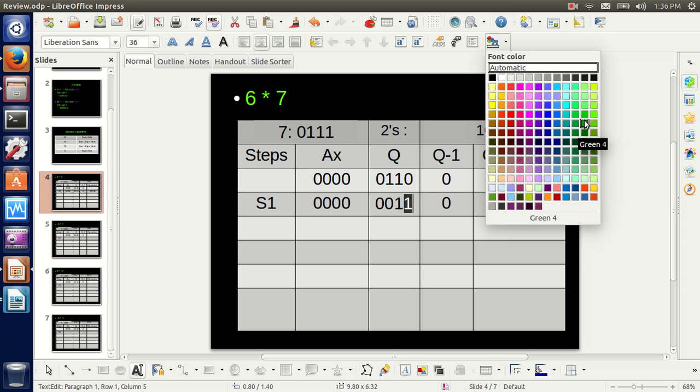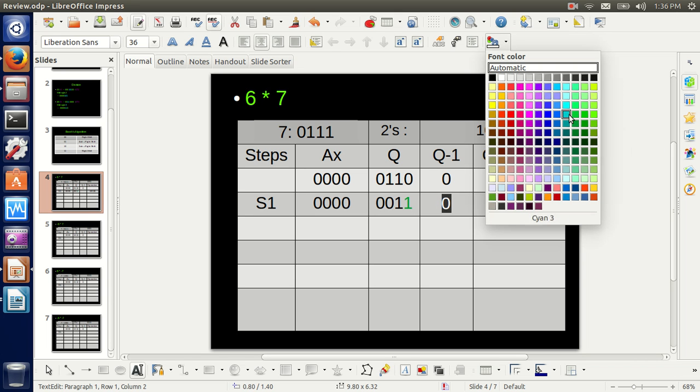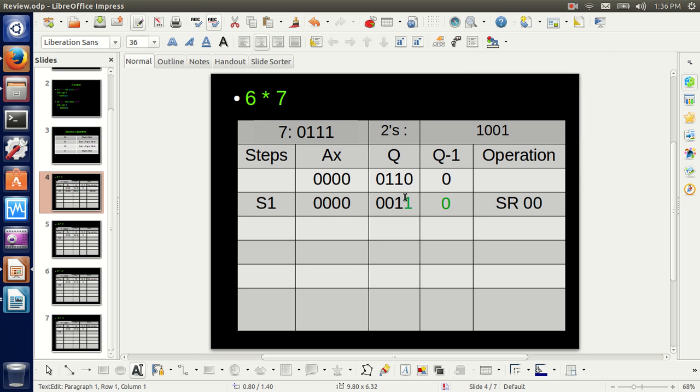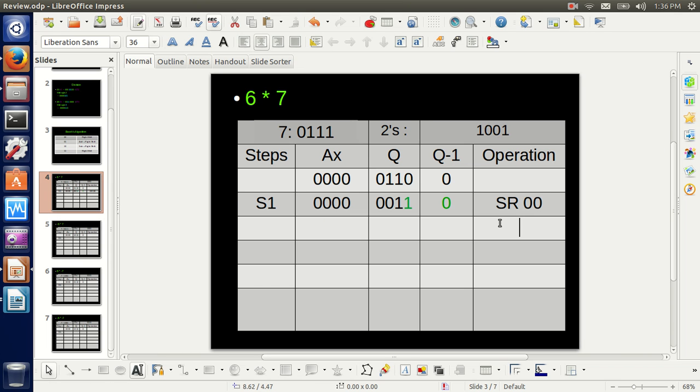Dark green. This one, Q minus 1 and Q0. I have 1, 0. 1, 0, what does that imply? I told you, I think of it as negative, so I'll subtract. Subtract what? Here's how it goes.